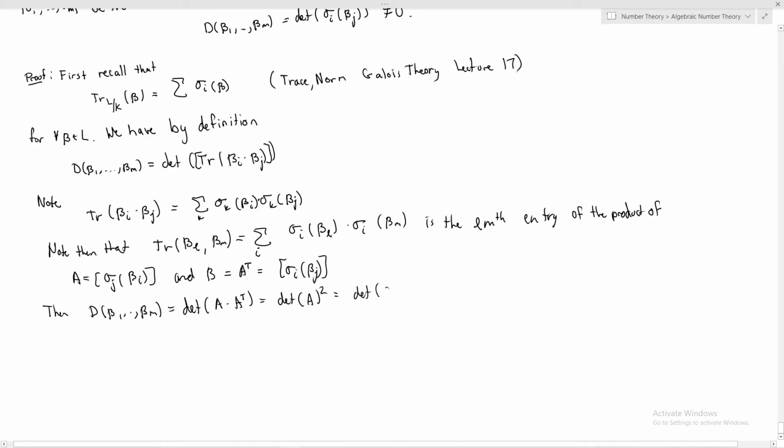So the determinant of sigma i beta j, squared.